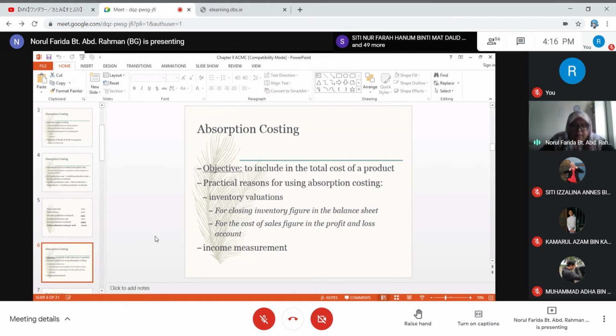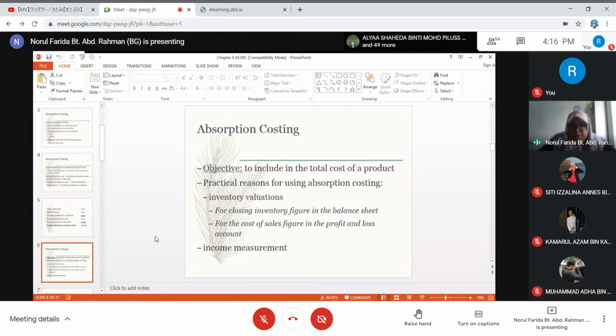So that is why itu justification yang diberikan kenapa nak guna absorption costing. Okay, the practical reasons for using absorption costing have traditionally been identified as follows. Okay, for inventory valuation, and for income measurement. Inventory, you must know your inventory or your stock must be valued.